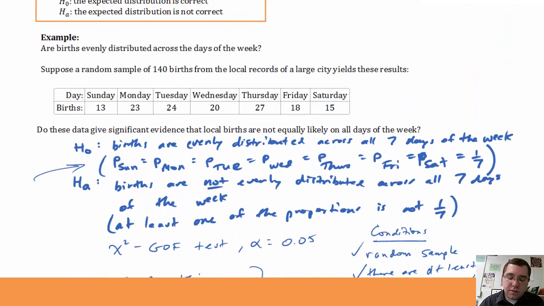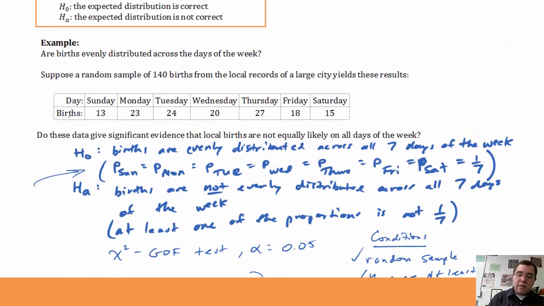In other words, what that means is, in my table I have the actual number of births out of that 140 from each day of the week. What I expect to occur is for it to be 20 on each day of the week. On Wednesday it was exactly 20. But these numbers range from 13 at the lowest to 27 at the highest.